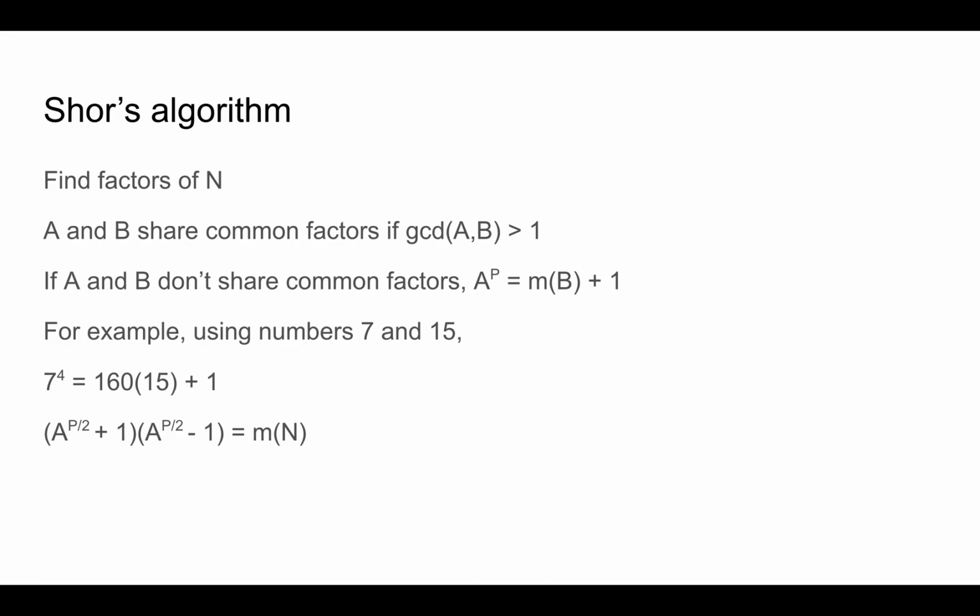So let's illustrate using an example, using the two numbers 7 and 15. Clearly, 7 to the power of 4 is equal to 160 multiplied by 15 plus 1. We can always verify this.